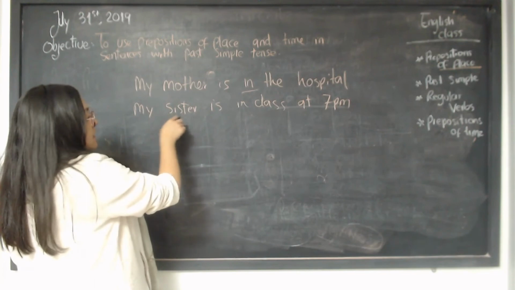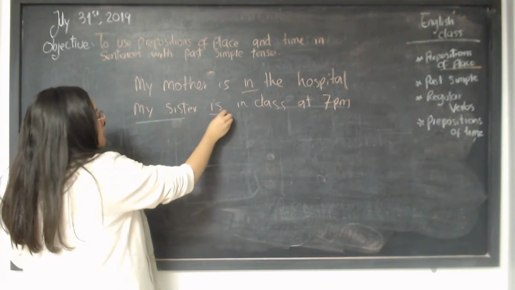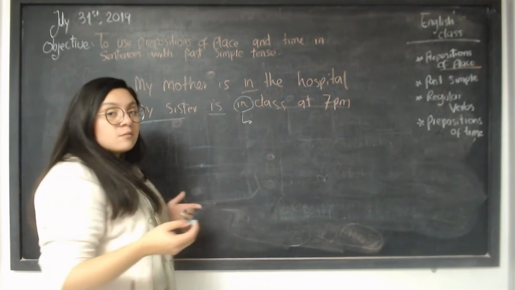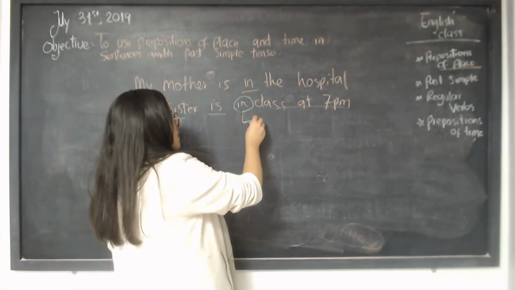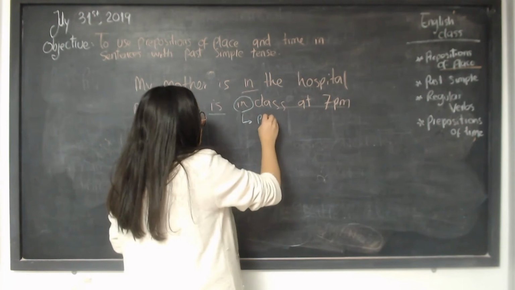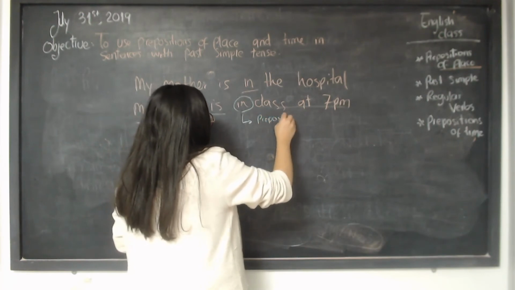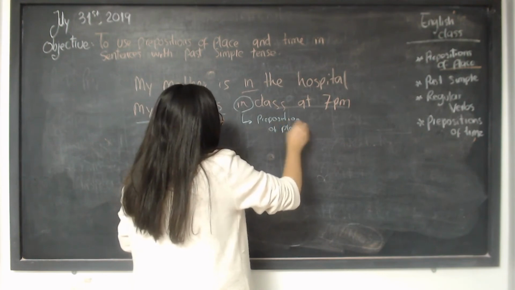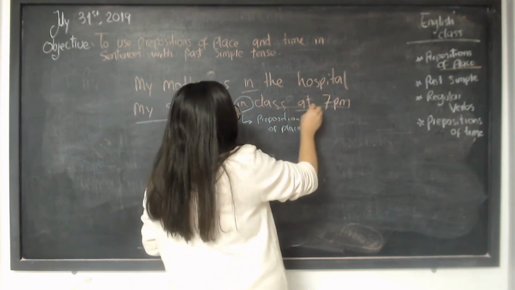So if I say my sister is the subject, then we have the verb to be, and then we have in. In no me está marcando tiempo, me está marcando la posición o donde está mi hermana. So it is a preposition of place. Let's do it with this one, at.